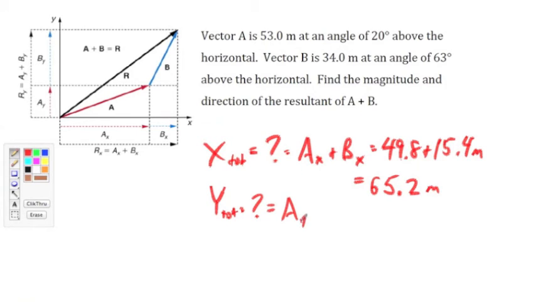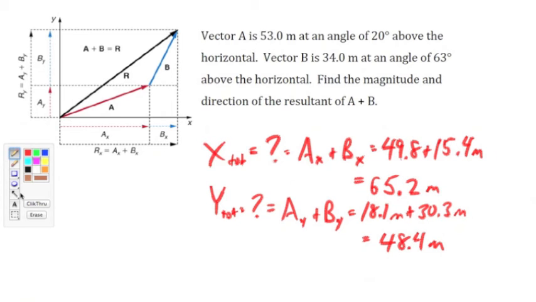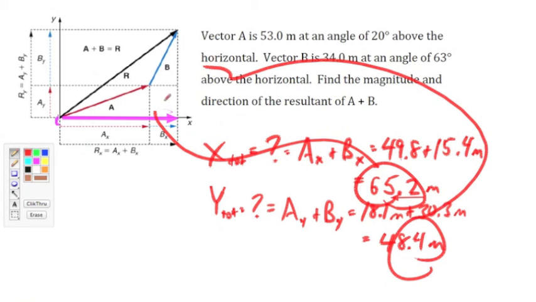Now if we combine our y's, AY plus BY, I had 18.1 meters and 30.3 meters. And so when we combine those, I get 48.4 meters. What that means is when we worked everything out here, we had a total of 65.2 meters to the right and 48.4 meters up.